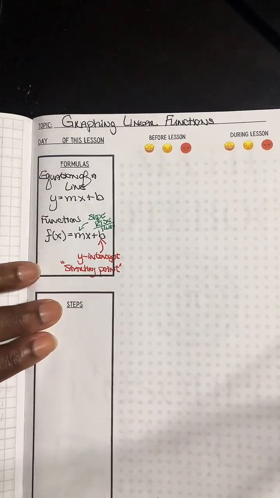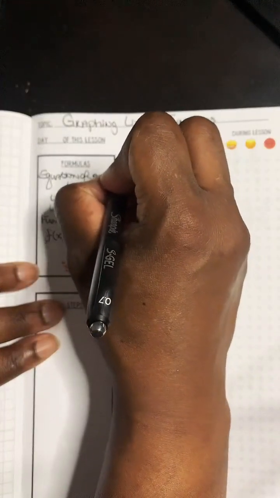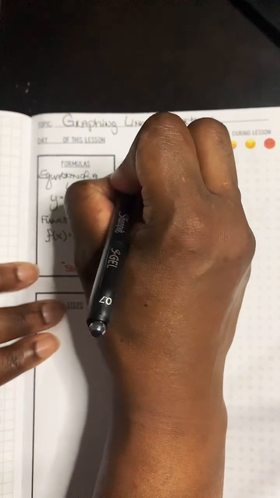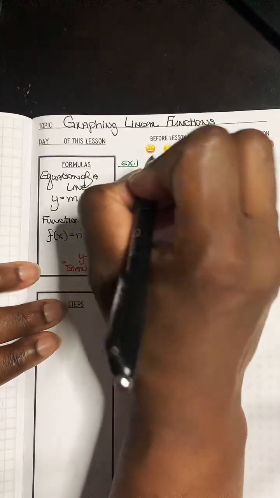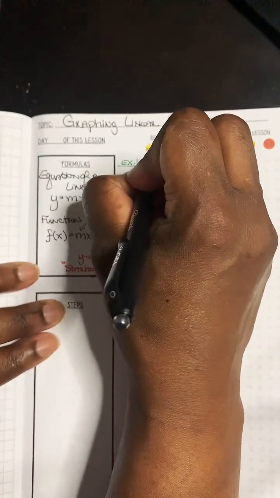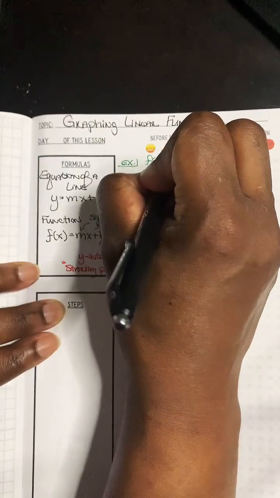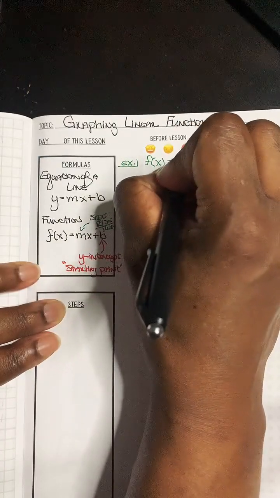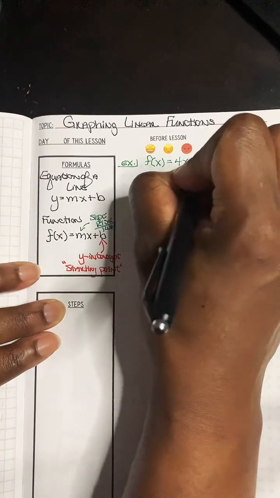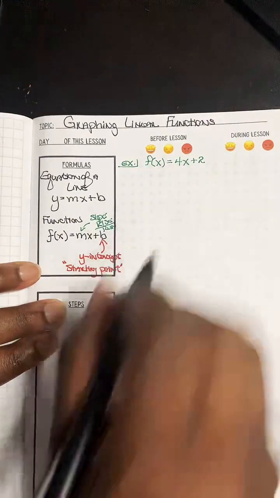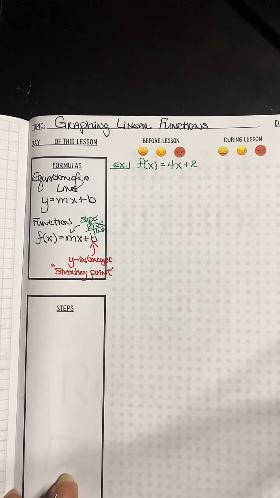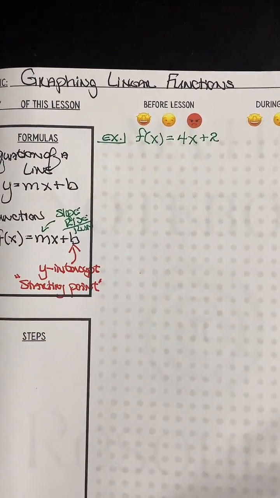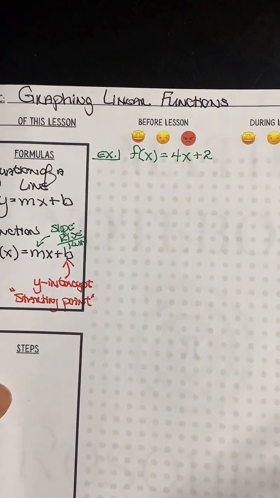So the first one that we have is going to be f of x is equal to 4x plus 2, okay? F of x is equal to 4x plus 2.